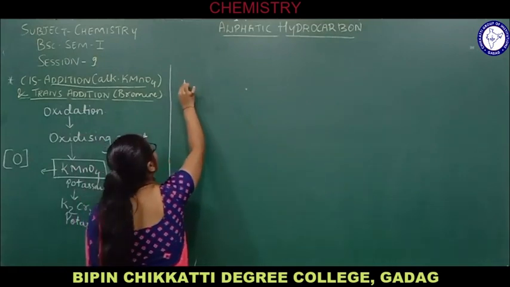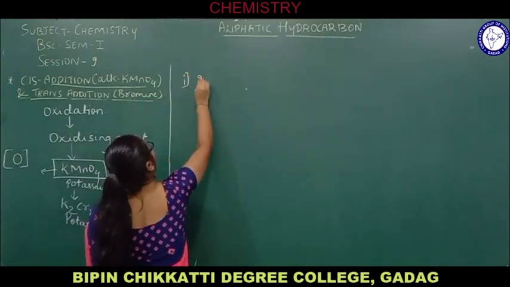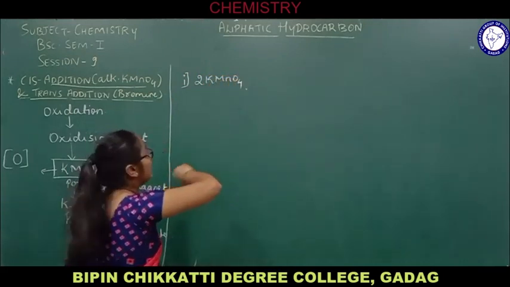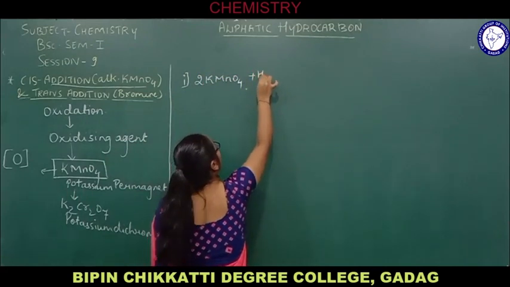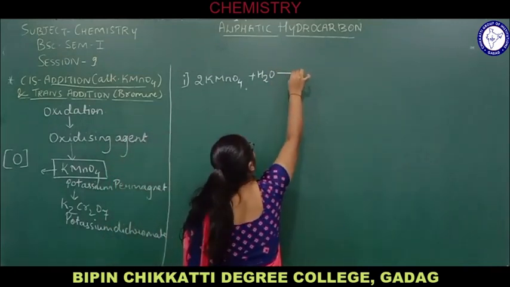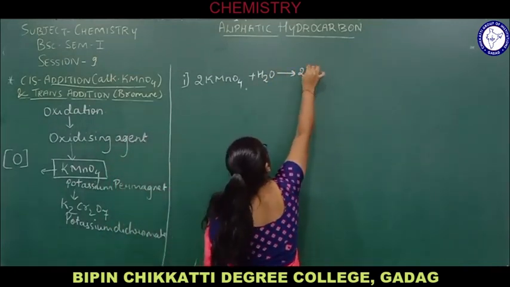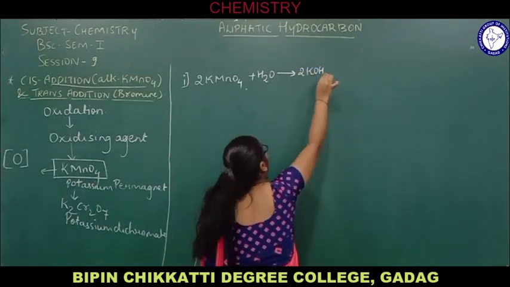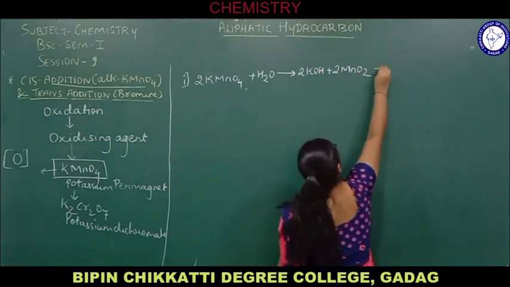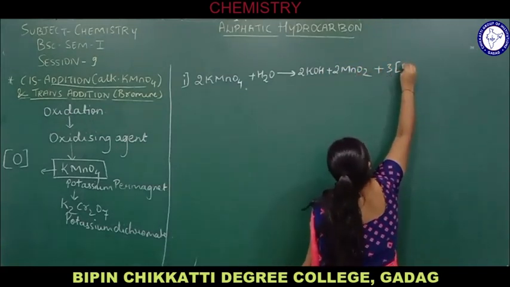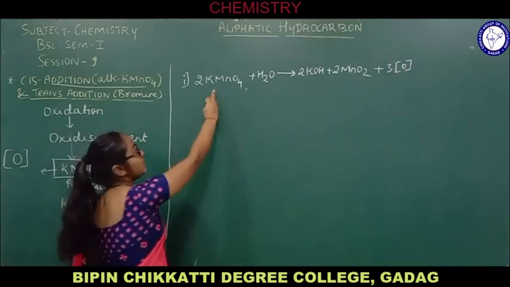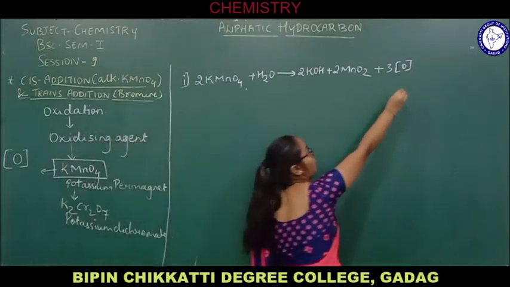In the first step, when potassium permanganate KMnO4 is treated with water, it will produce potassium hydroxide plus manganese dioxide plus 3 nascent oxygen. This is how the oxidizing agent first produces the nascent oxygen.